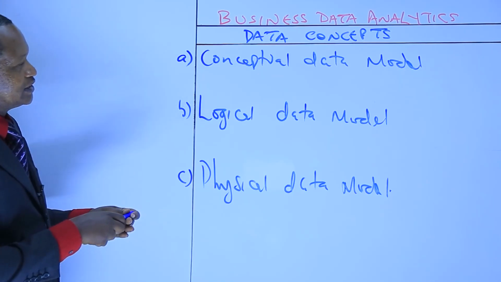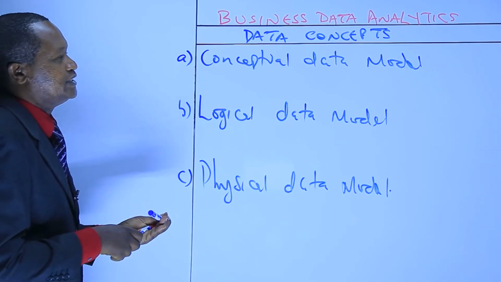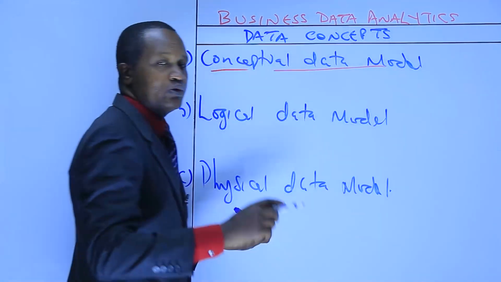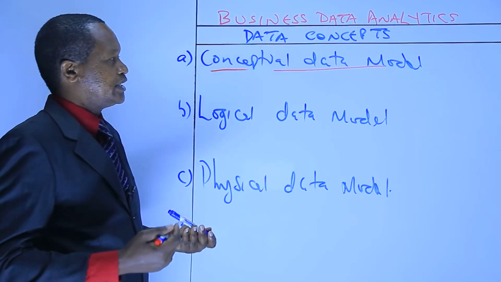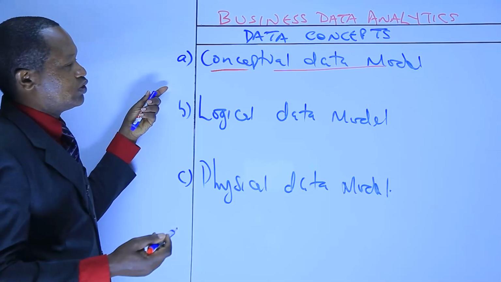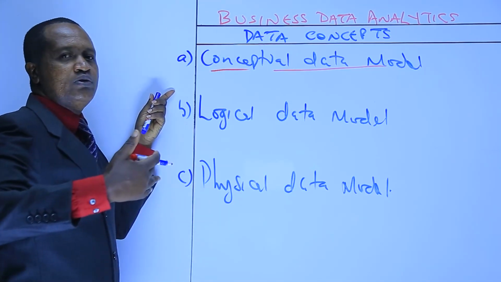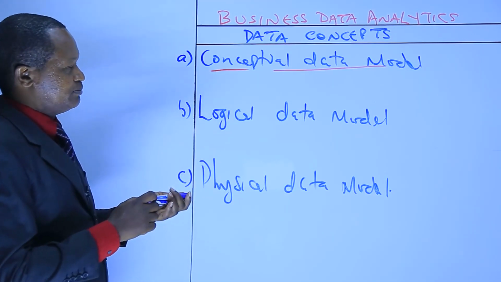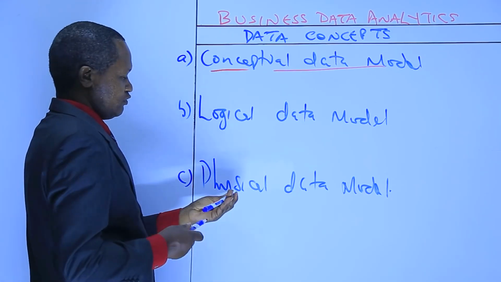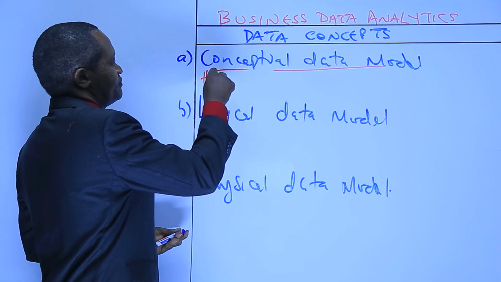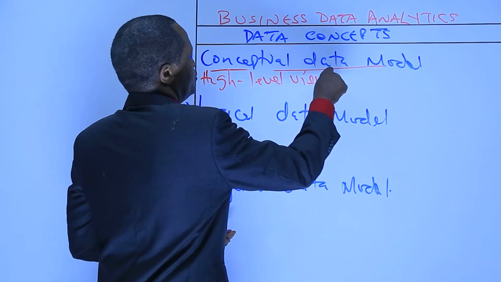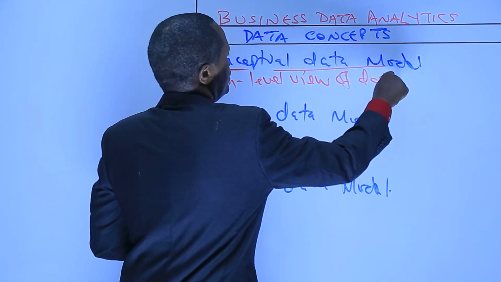So the first one is the conceptual data model. What is a conceptual data model? A conceptual data model represents what we call the high-level view of data.